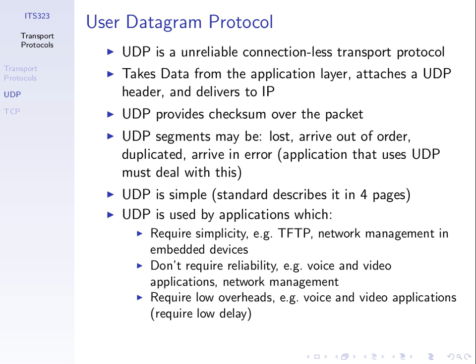They may arrive at the destination in the wrong order. We may even, in some cases, receive duplicates. I send one, the receiver receives 2 copies of that. It's possible. UDP is very simple. If you look at the description of it, it's about 4 pages long. We'll see TCP, the standard that describes it, is more than 100 or hundreds of pages in length. It's more complex.